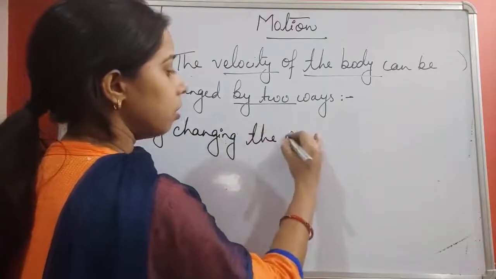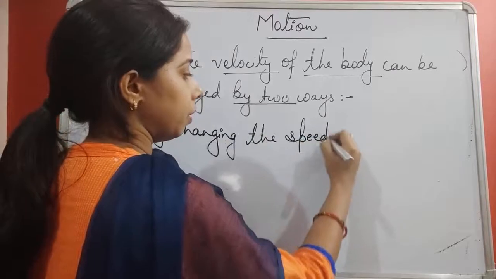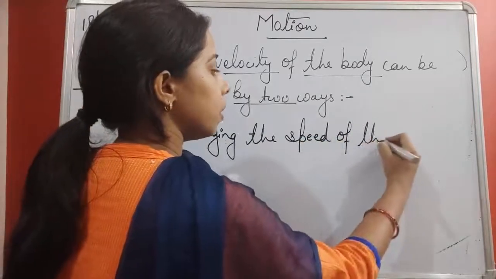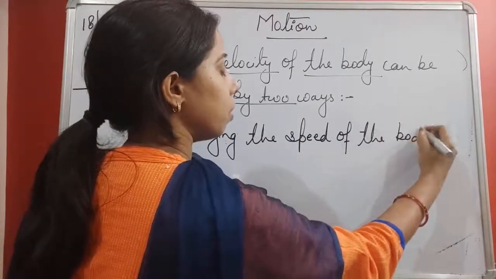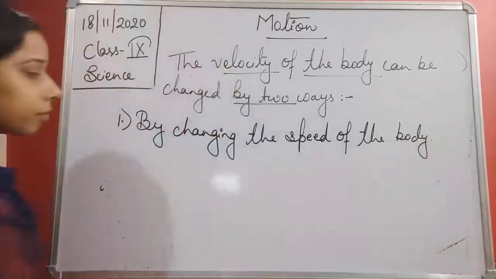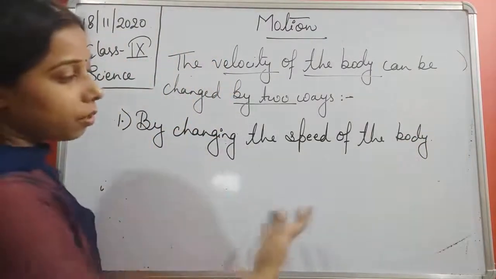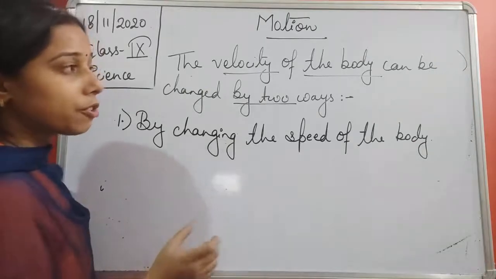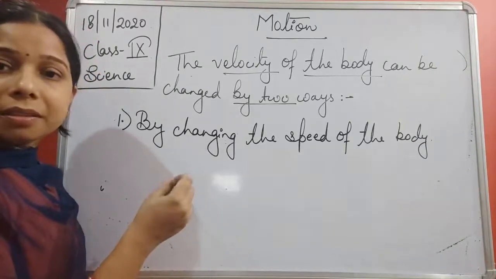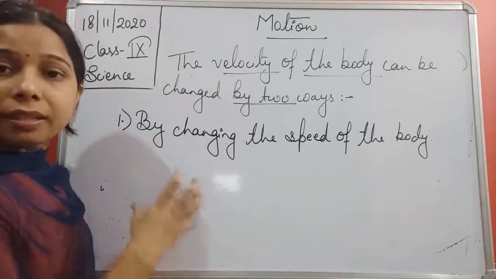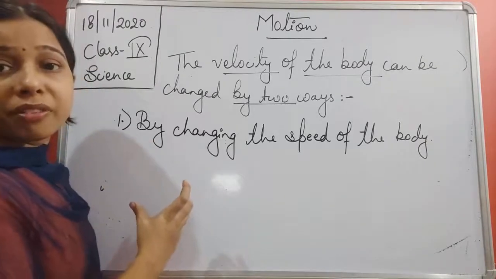By changing the speed of the body. So you see, speed of the body. So we can say how the speed of the body can change: suppose it is not traveling an equal distance in an equal interval of time.